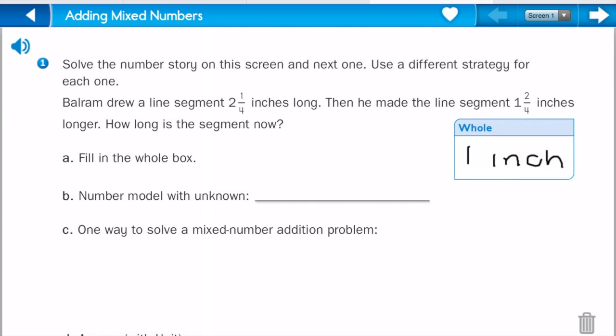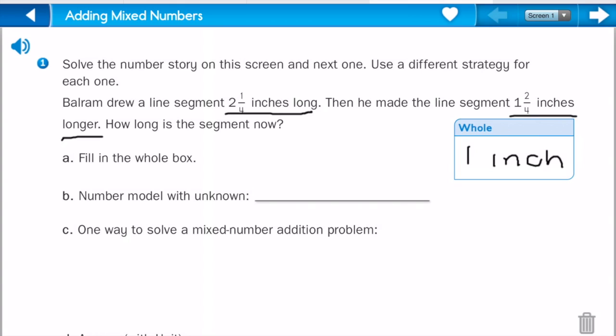Now we're going to do the number model with the unknown. So we know that Ballroom drew a line segment 2 1/4 inches long. Then he made the line segment 1 2/4 inches longer. And so when he said he made it longer, I know that he is adding to it.